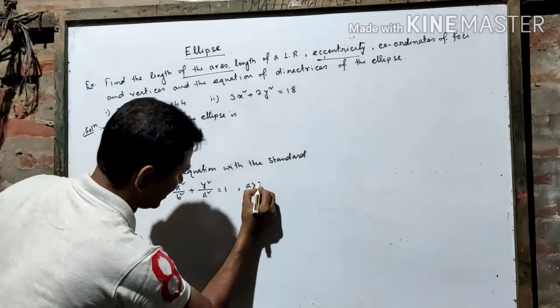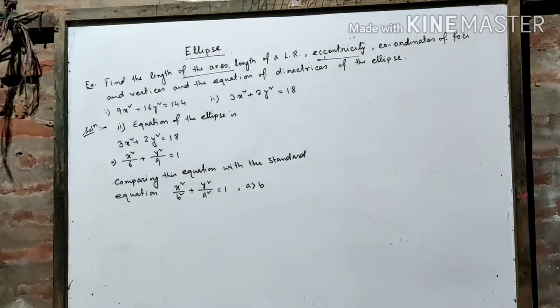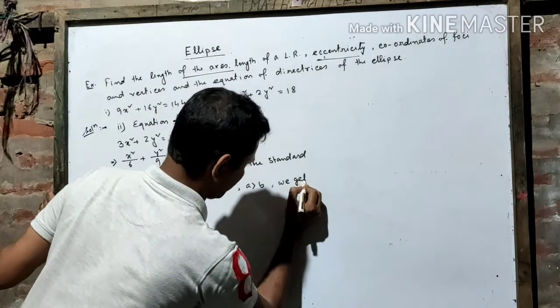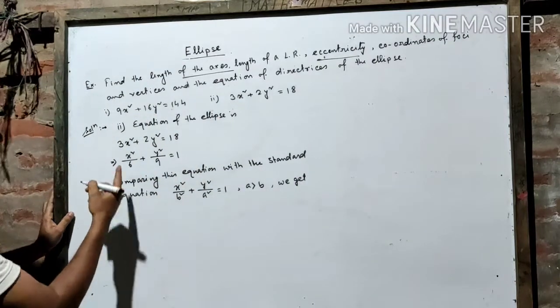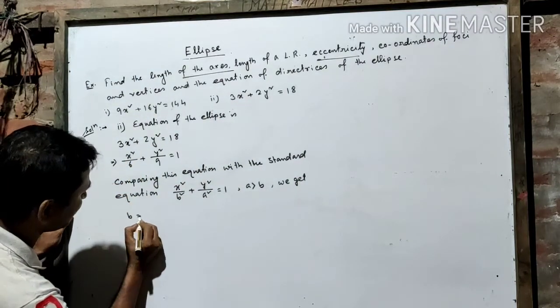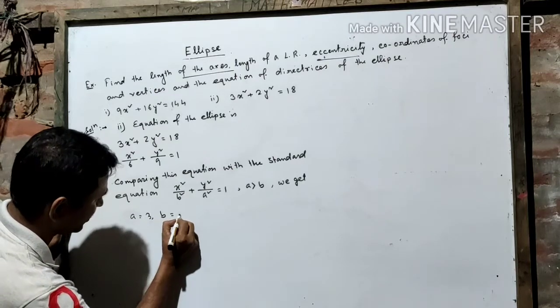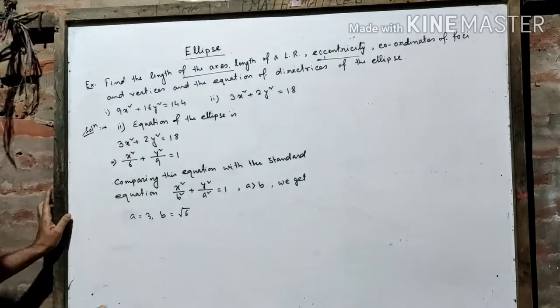Obviously a is greater than b. We get a = 3 and b = √6. First of all, let us find the eccentricity.